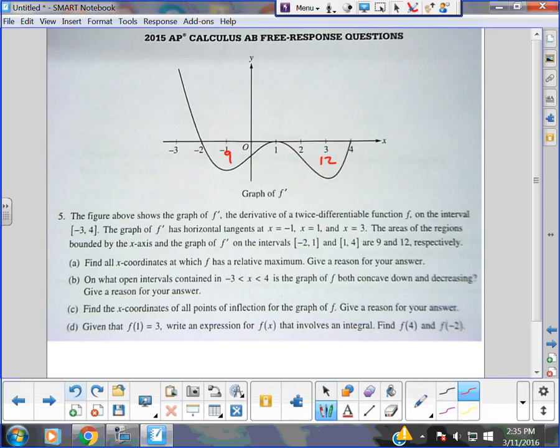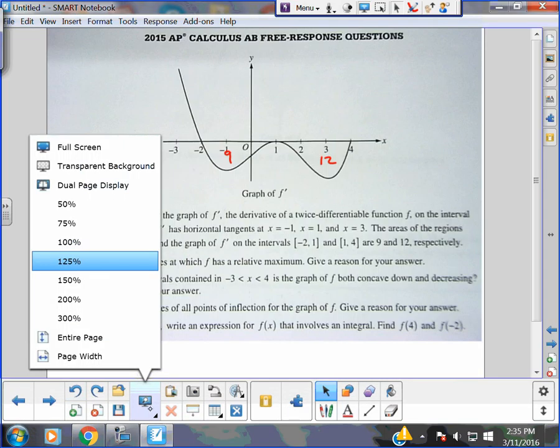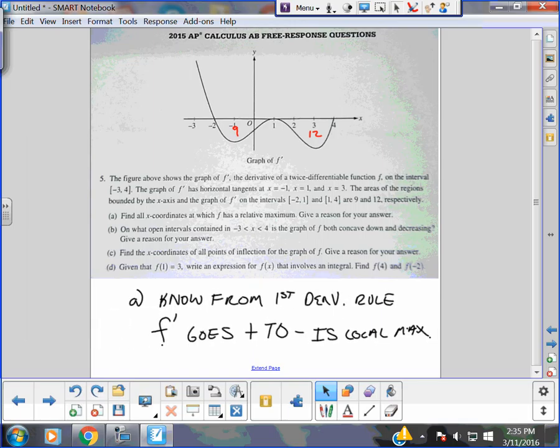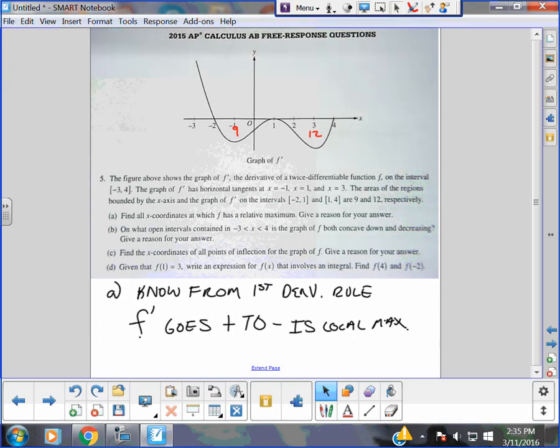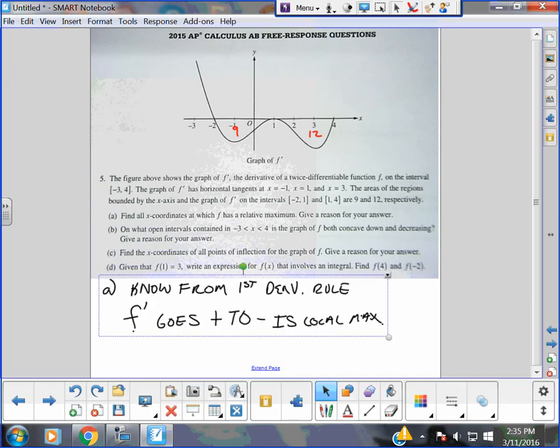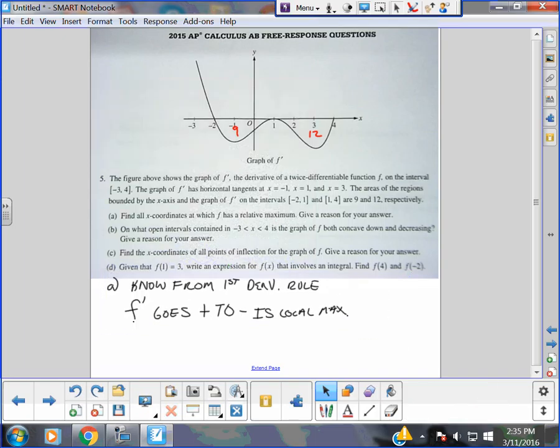The first one is find all x-coordinates at which f has a relative max. If f has a relative max, this simply becomes a problem on the first derivative rule: when f prime goes positive to negative, you have a local max.